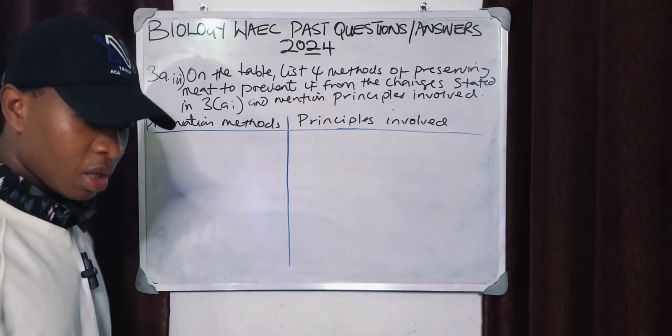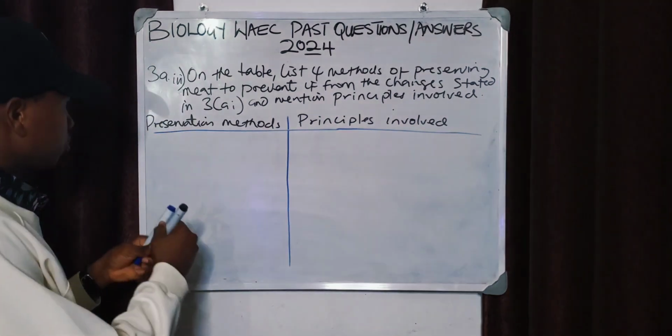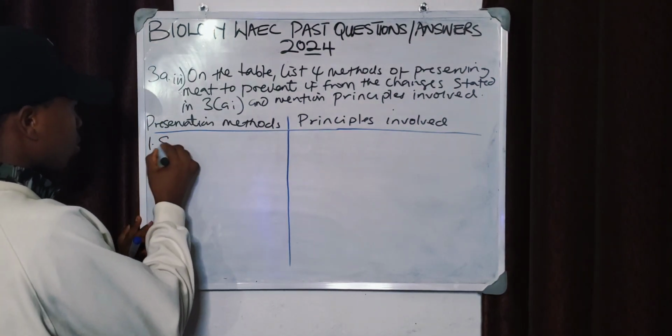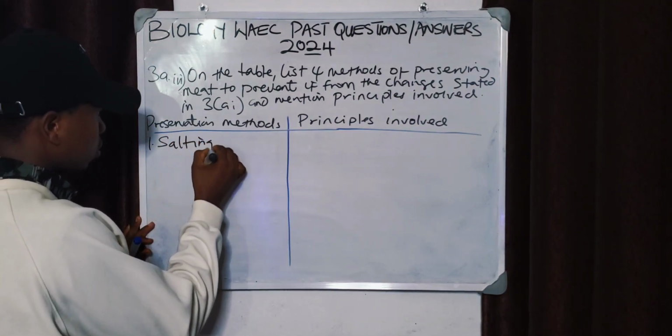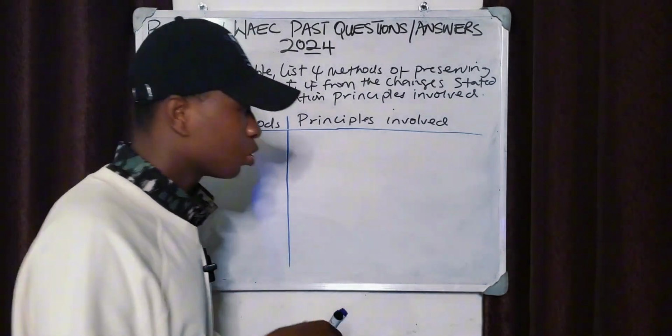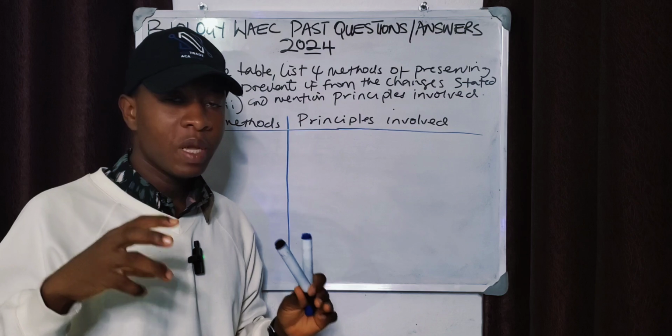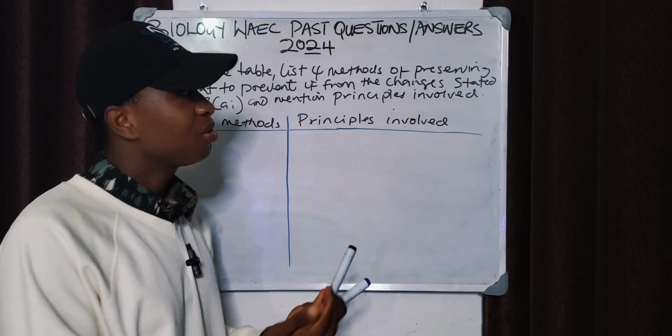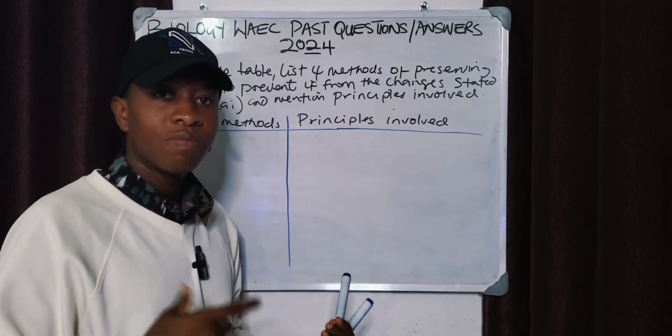Okay, so I think the first one there is salting. Number 1, salting. Now, what does salting do? It inhibits microbial growth. Remember, one of the major biological activities that led to the deterioration of the meat is microbial growth.